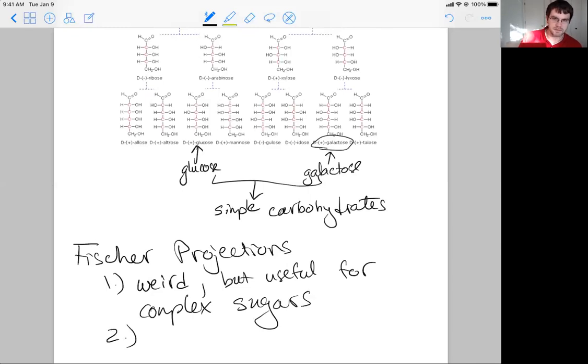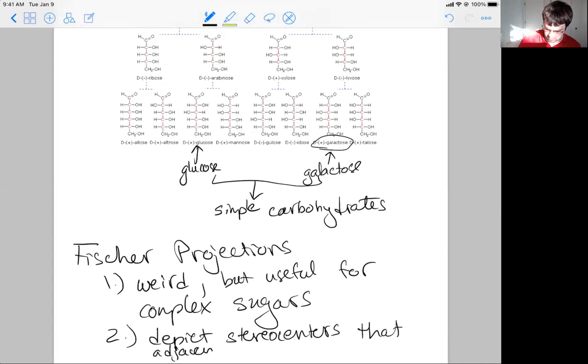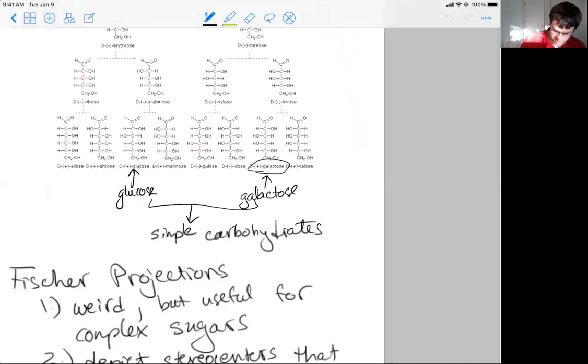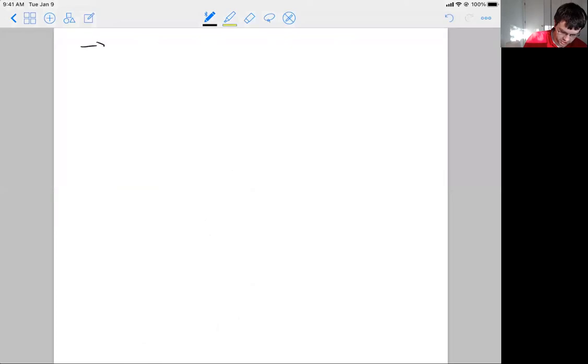So they're weird. What I mean by that is they're not intuitive, but they allow us to depict stereocenters that are adjacent with some ease. They're probably better than the three-dimensional structure. The issue is that chair structures are, or let me say it this way, sugars exist as chair structures, and we've talked about that.